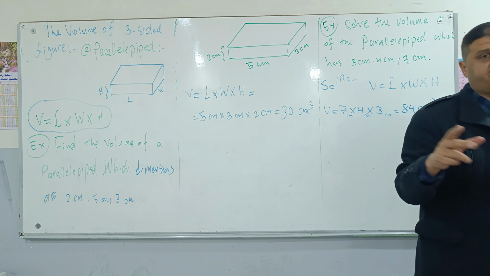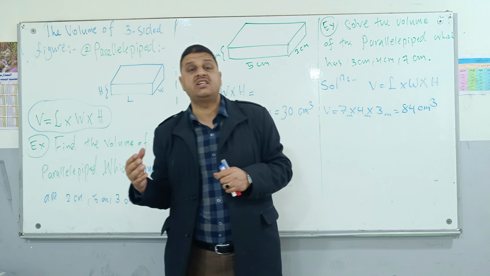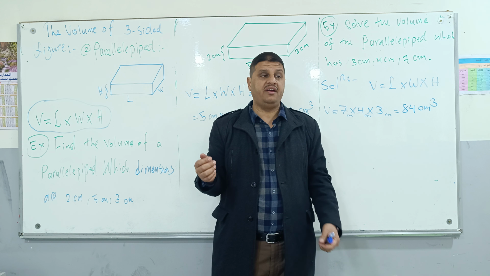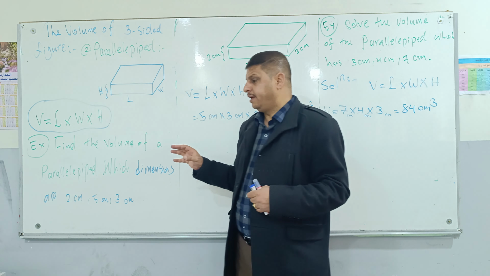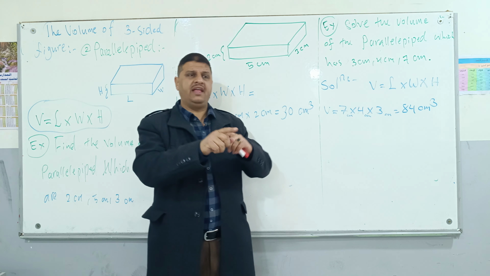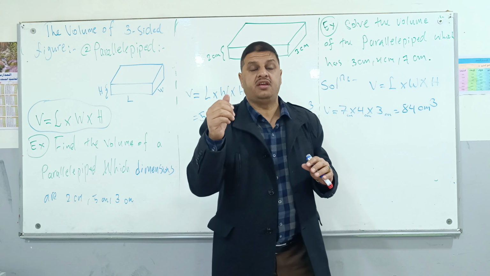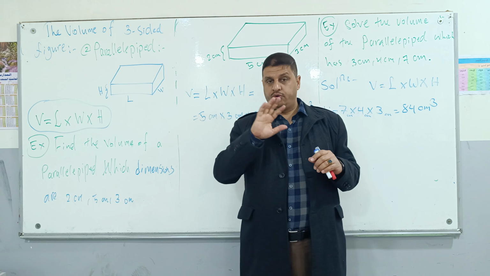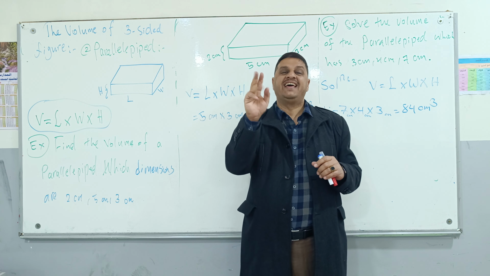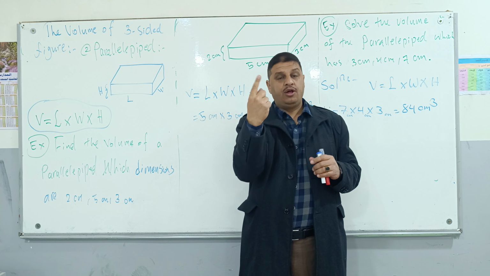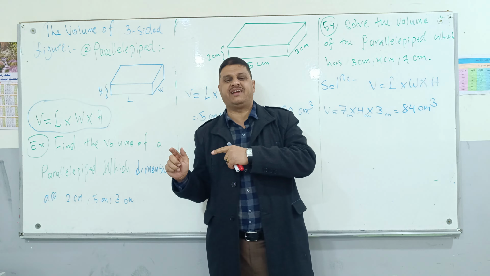Don't forget, we have now 2 equations or 2 laws. The first law is to find the volume of any cube. I will multiply the length by the length by the length. And don't forget, in the cube, he will not give me 3 dimensions, 3 values. He will give me 1 value. Why? Because the other values equal the given value.